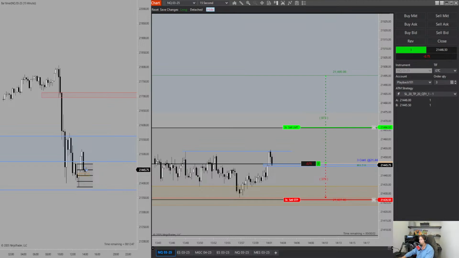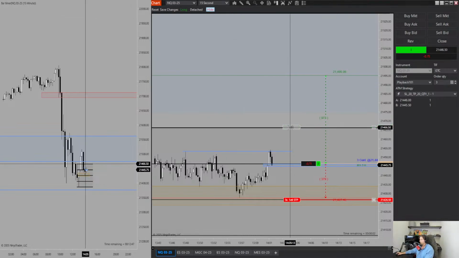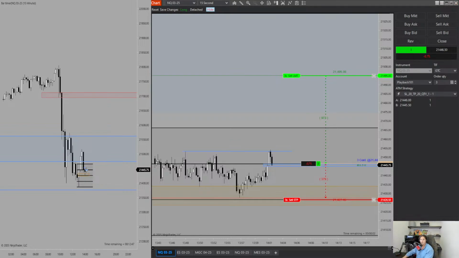Expected exit, we'll go for the home run up here, 21,495, but we'll manage it if it goes up. Original stop, 21,426.5. All right, let's see if we get a move up here now.